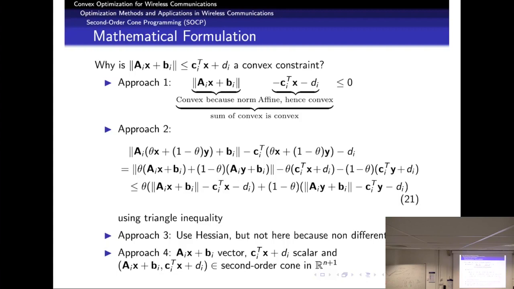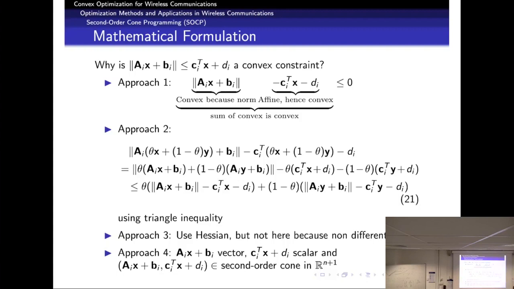I'm showing that the value of the function evaluated at this point is smaller than the value of the chord evaluated at the same point, for a given value of theta. Okay, so that's the second approach.